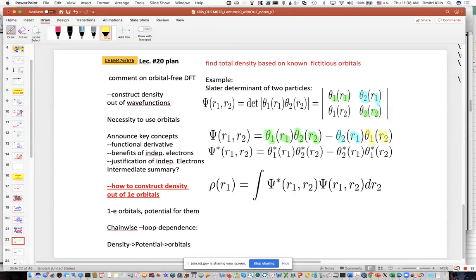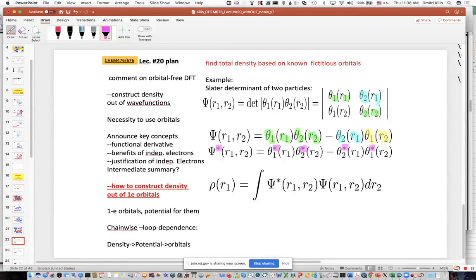And in case we need the complex conjugate, we just put a star in front of each orbital, right? No one objects. Okay, good.